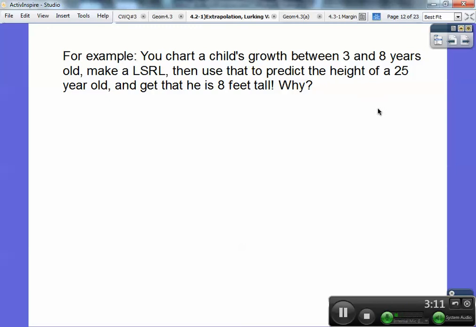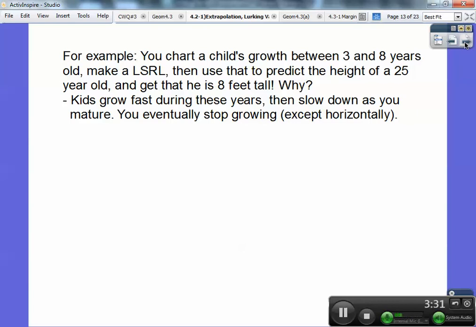You get your y equals mx plus b line, and then you use that to predict the height of a 25-year-old, and you get an 8-foot tall person. Well, why would that be? It's because you grow really fast between 3 and 8, and you slow down when you get to be about 20-something. You stop growing basically by the time you're 25, except if you're growing outwards like sometimes us older folks do.